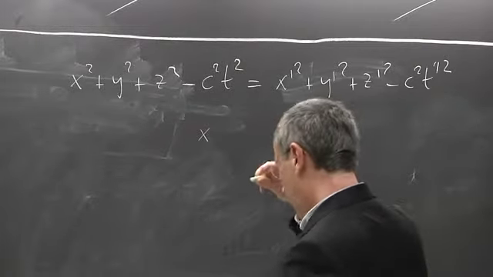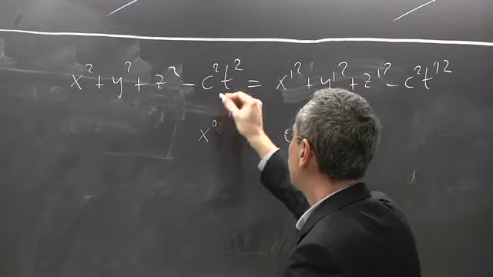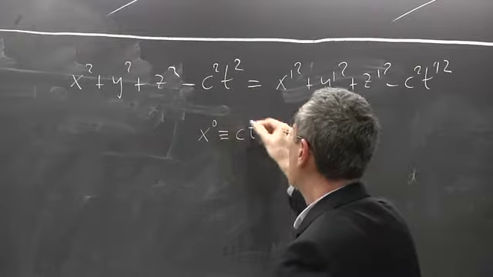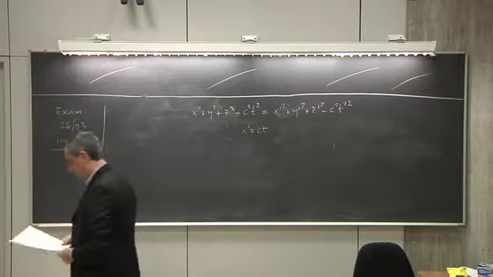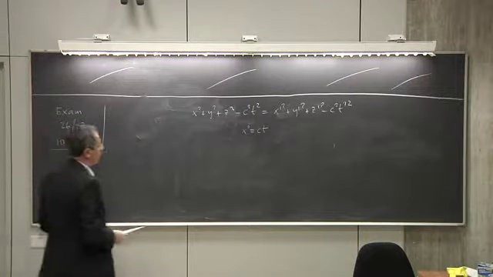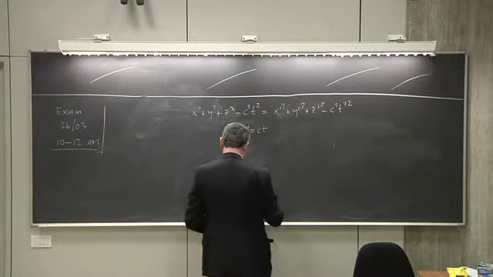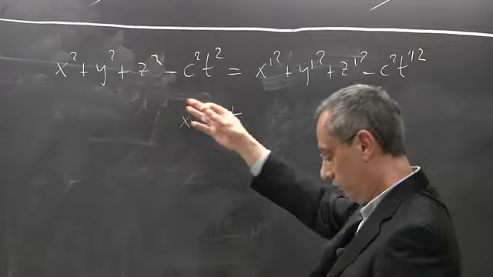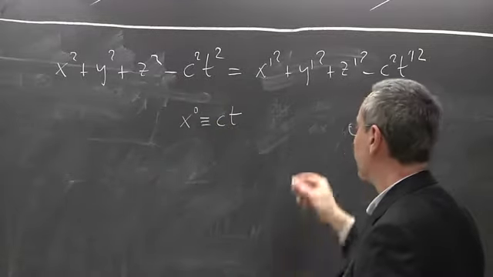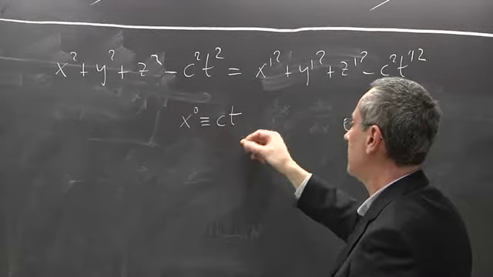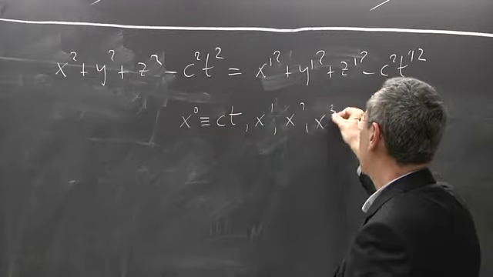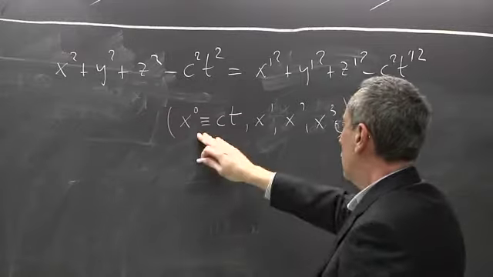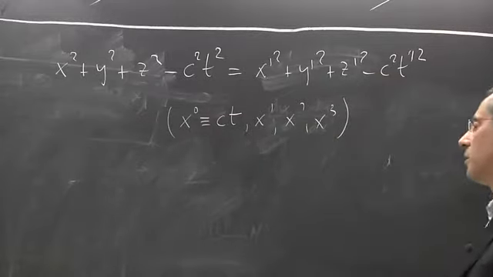And so you may as well call this c times t your first coordinate, x0, then x1, x2, and x3, your four coordinates, okay?